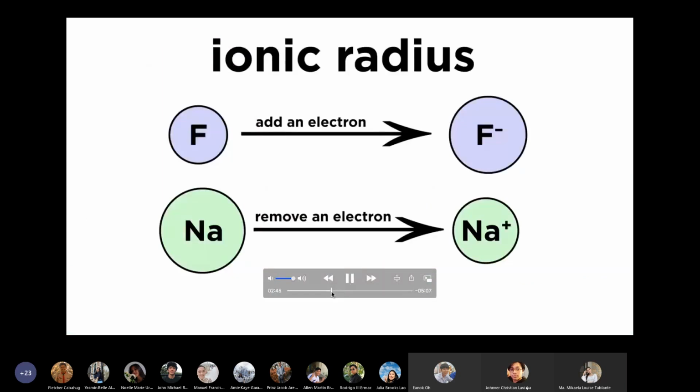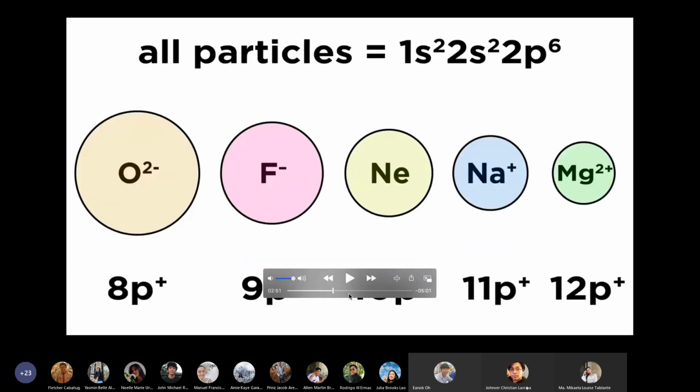Okay, do you catch that? Remember we were talking about the isoelectronic series. This is an isoelectronic series. These are species that have the same number of electrons, like O2-, F-, and Ne, but they have different numbers of protons. So you might have noticed that in an isoelectronic series, as the atomic number increases, the size decreases.